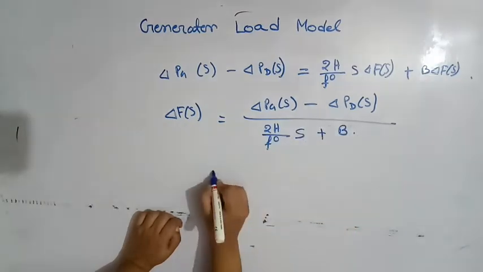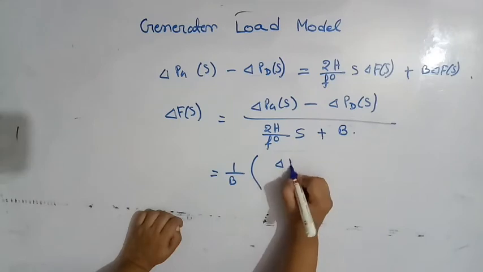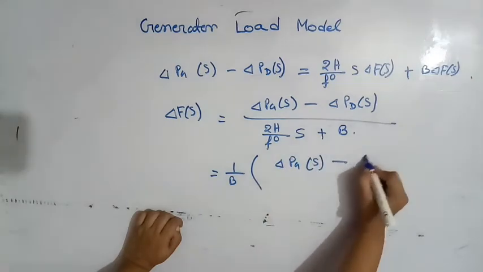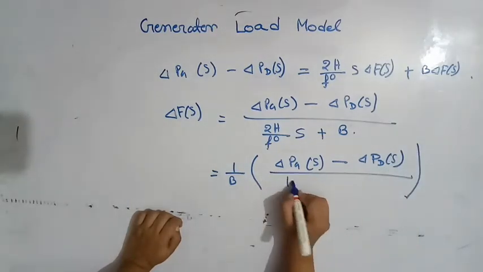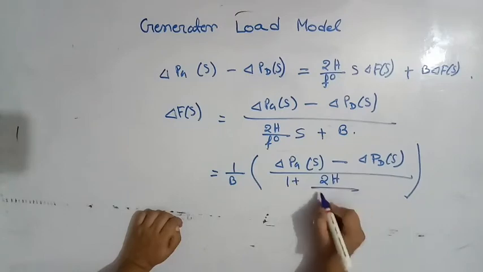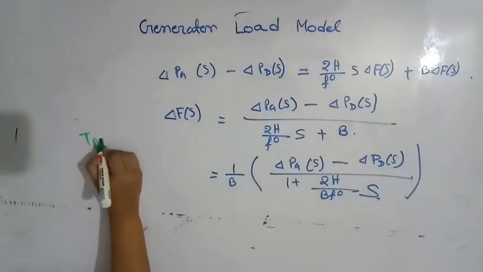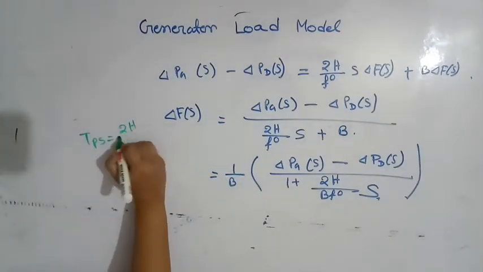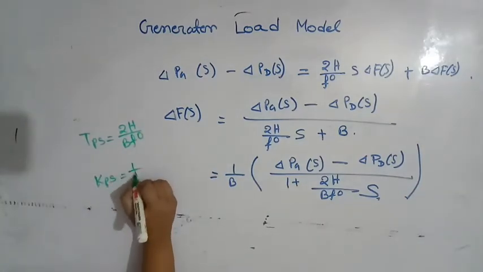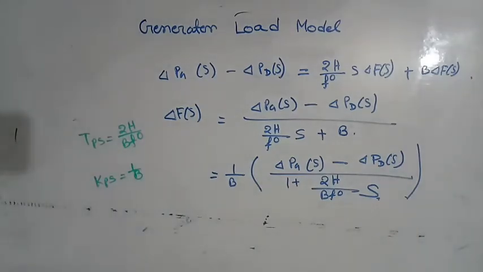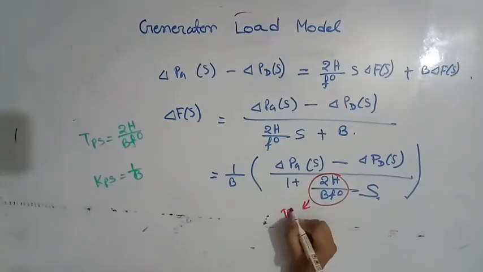Now 1 by B is common, then this equation becomes delta PGS minus delta PDS into 1 by B over 1 plus 2H by BF0 into S. Now TPS is equal to 2H by BF0 and KPS is equal to 1 by B. So this is TPS and this is KPS.